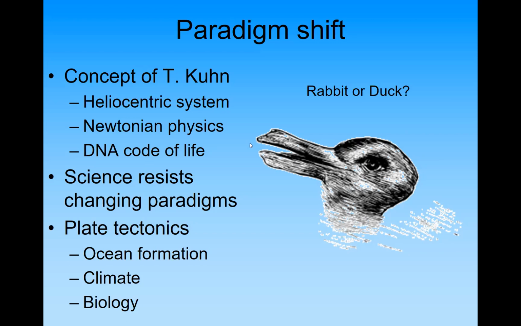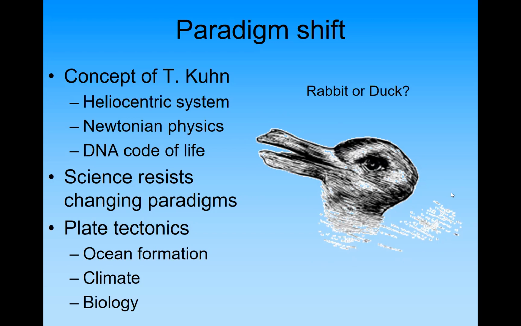For example, and this is an analogy that actually comes from Kuhn's original paper, if you look at the picture on the right-hand side of the screen here, you can look at it in two ways. You can either see a duck with its bill facing to the left, or you can see a rabbit with its snout facing to the right.